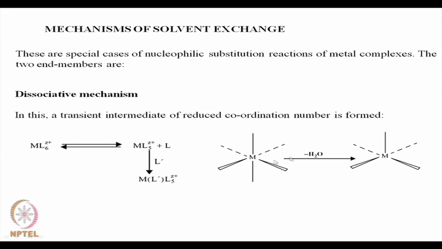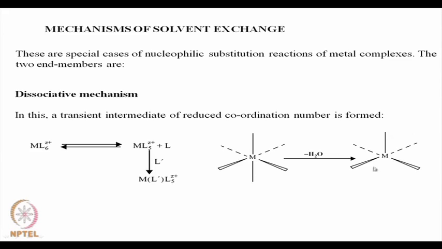So, what is happening here is that you originally have 6 water molecules, and now one water is lost, giving rise to a 5-coordinate species. It is a square pyramid, from an octahedral geometry. So, it is a dissociative mechanism, in which this bond is dissociated.